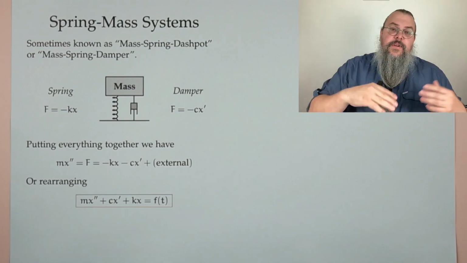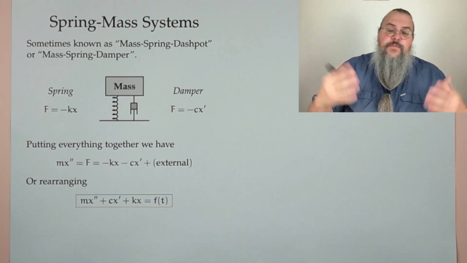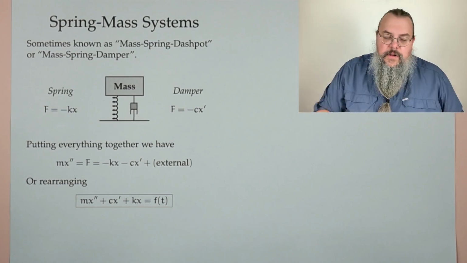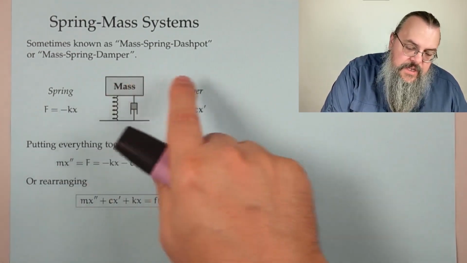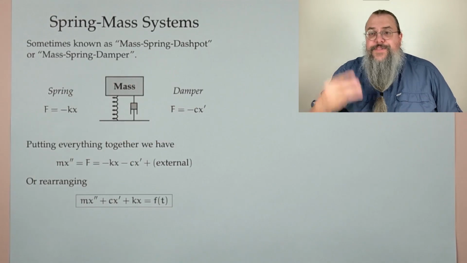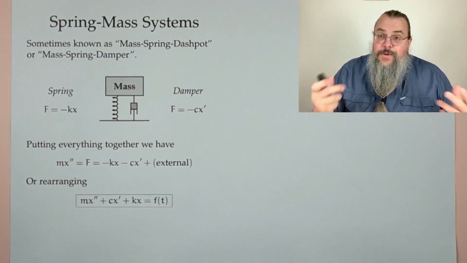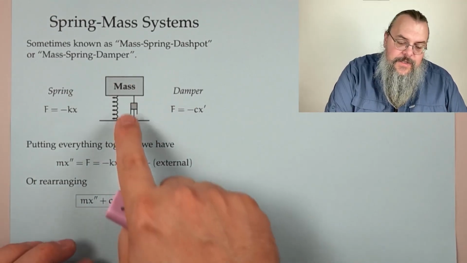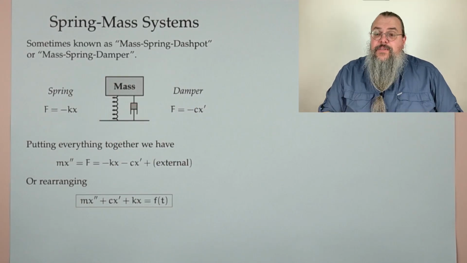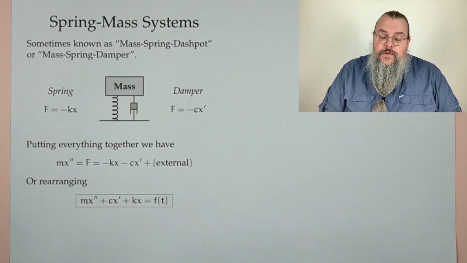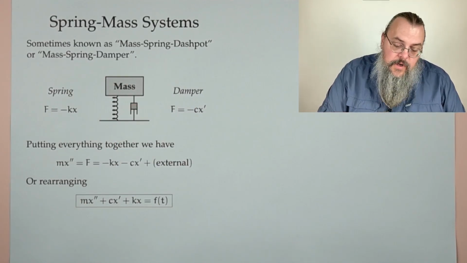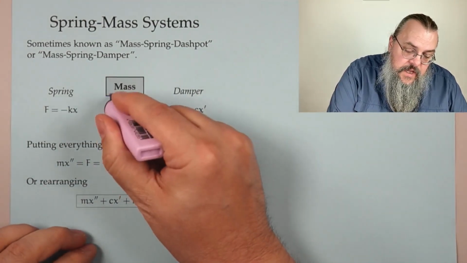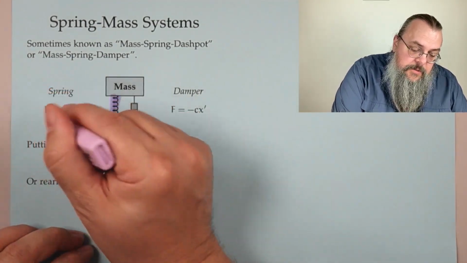Sometimes there's also a third thing thrown in, spring mass damper, or spring mass dashpot, or mass spring dashpot. The moral of the story is there's three things. So what are they? Well, there's the mass. And this mass is connected to two important objects. One object is on the left, and that's a spring.